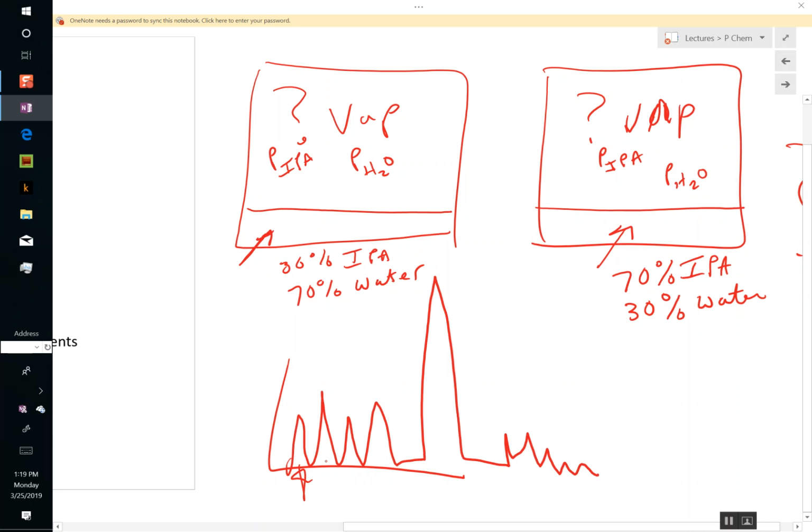So if gasoline is predominantly octane, you'll get a big, huge peak for octane, and then you'll get peaks for all the different isomers of octane. There's some heptane in there, there's a little hexane in there, there's some nonane, decane, all those things will be separated out by the gas chromatograph.